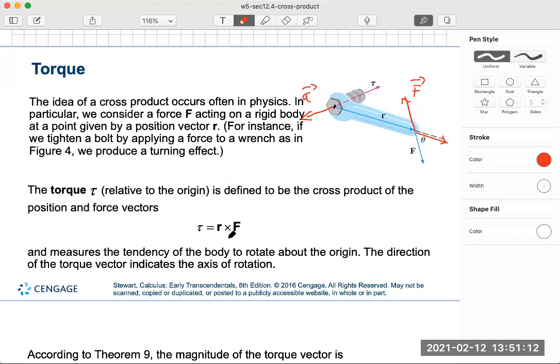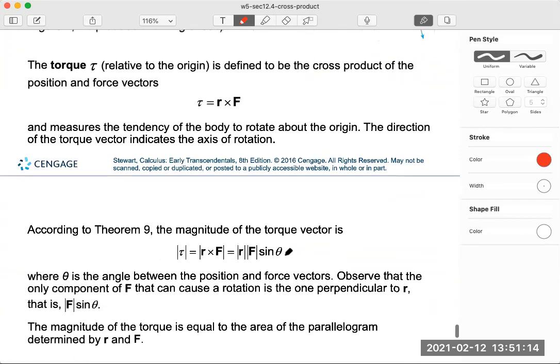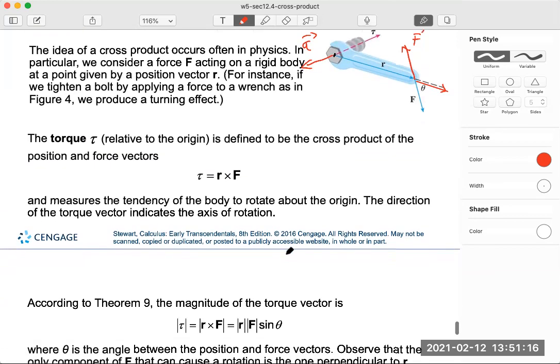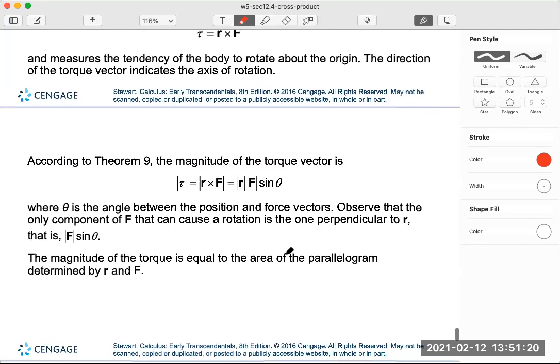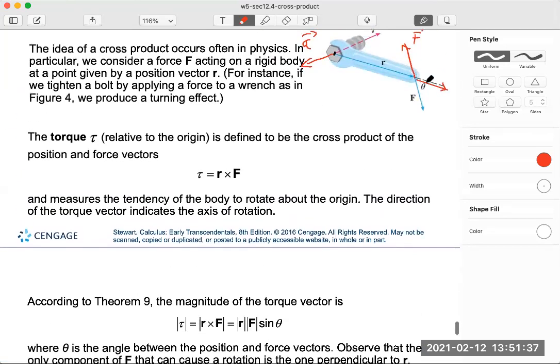Then it will make a rotation, this, okay? From the theorem before, the magnitude of tau will be nothing else but the magnitude of R cross F, which is the magnitude of R times the magnitude of F and the sine of the angle between them, R and F, which is this angle, okay?